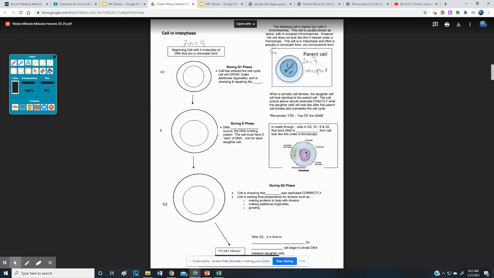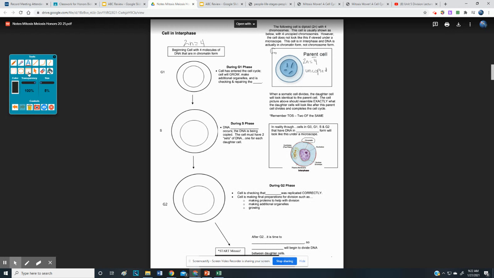The DNA is never coiled up in chromosomes until that cell hits mitosis. So the DNA in G0 phase, G1 phase, S phase, G2 is actually in chromatin form. And when DNA is in chromatin form, you can't see it. You can only see chromosomes. You can't see chromatin, okay?